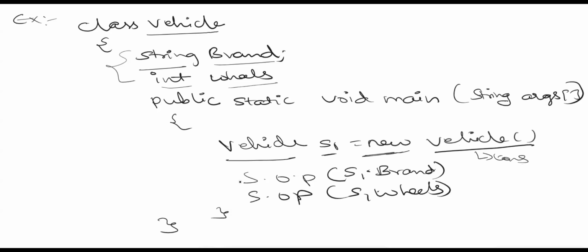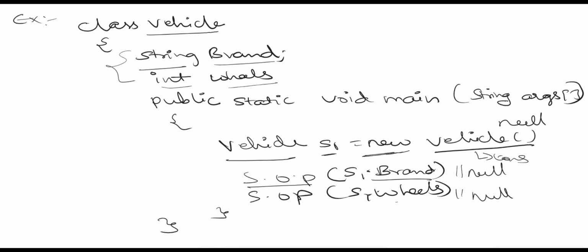Next, SOP is nothing but System.out.println. We need to print the brand and wheels. Object dot variable, object dot method, we have to write like that: s1.brand and s1.wheels. Just see the output, it prints null and 0. These print null and 0 because these are the default values.